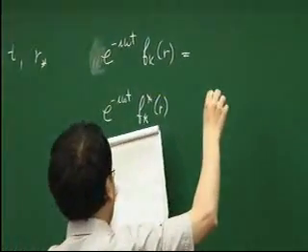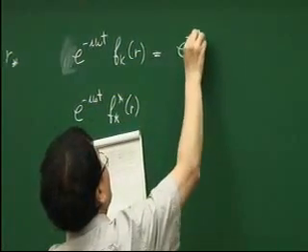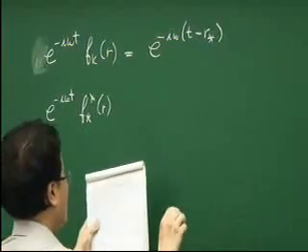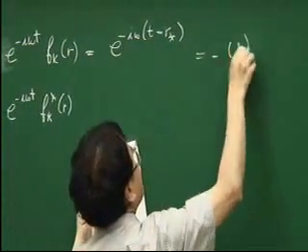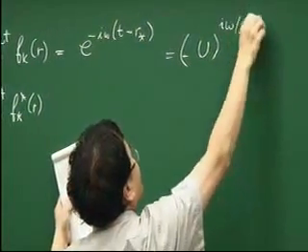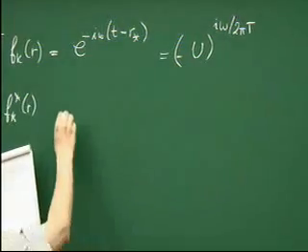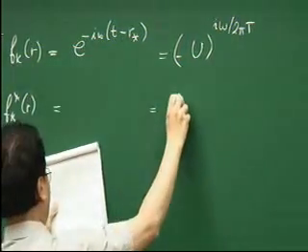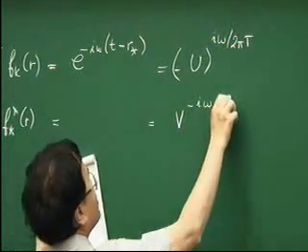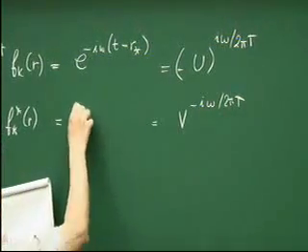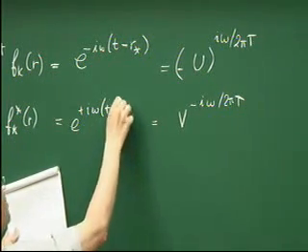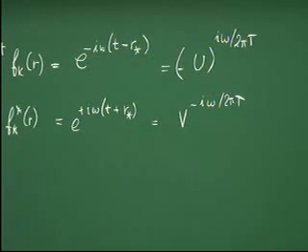We talked about them before. This one is e to minus i omega (t minus r star), and it is minus u to the power of i omega divided by 2 pi. And this one, using the same thing, is v to the power of minus i omega over 2 pi. This is e to plus i omega (t plus r star).